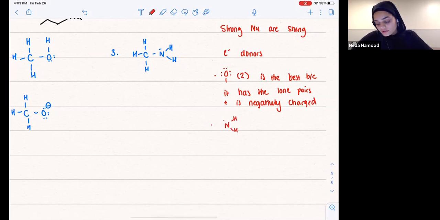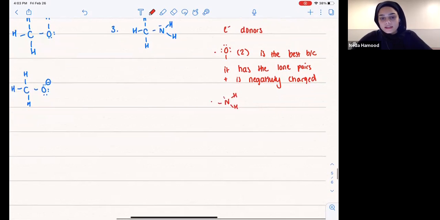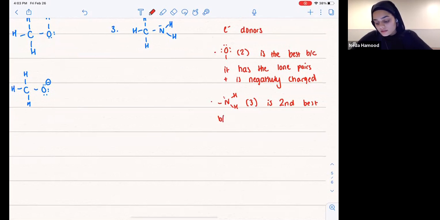NH2, which is number 3, is the second best because the pKa is around 35.